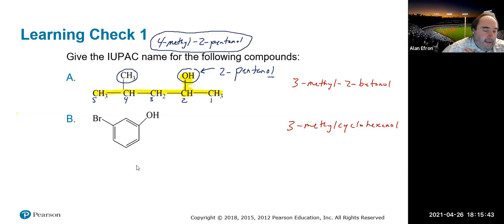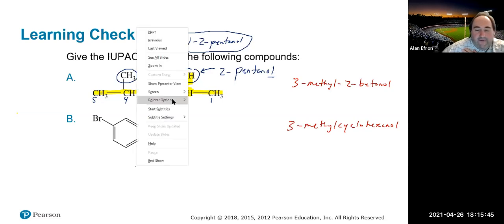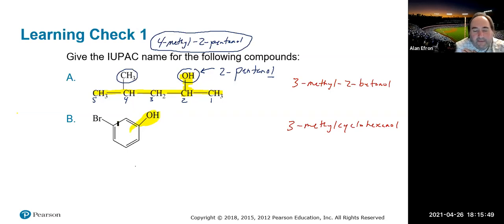Looking at B, we actually have a benzene ring here. So as we were just talking about, a benzene ring with the OH group is going to be our phenol, right? That was that special sort of benzene guy that has the OH group.